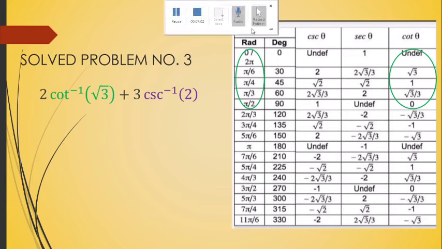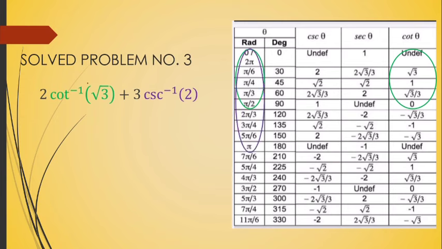We have no negative given, so we look here. Okay, square root of 3. You already find pi over 6. That is its cotangent.